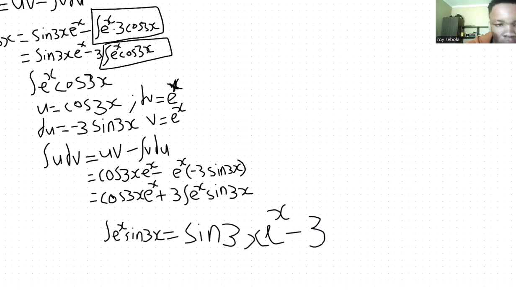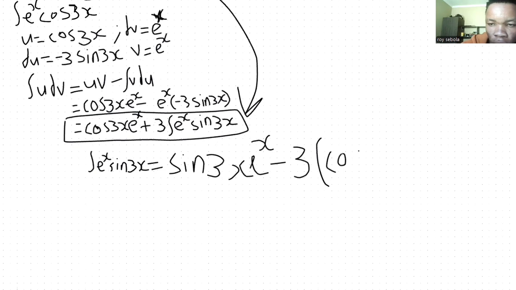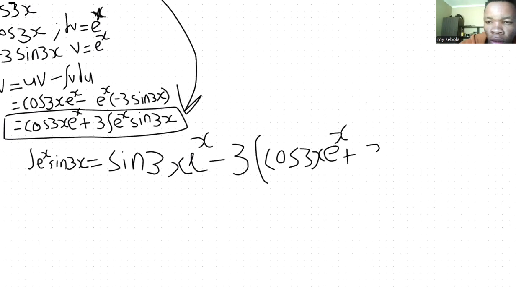Open the bracket: cos 3x e to the x plus 3 times the integral of e to the x sine 3x.